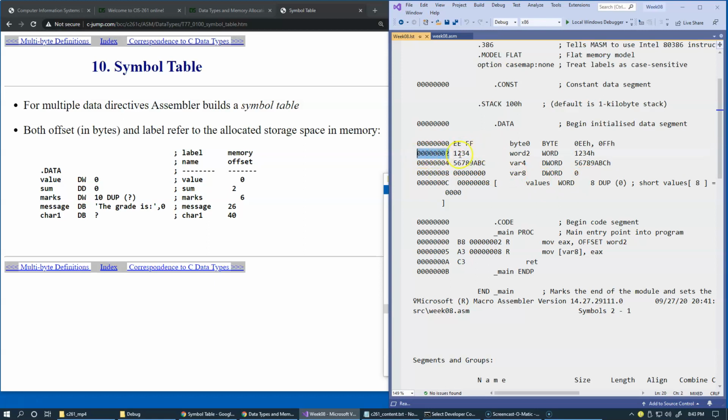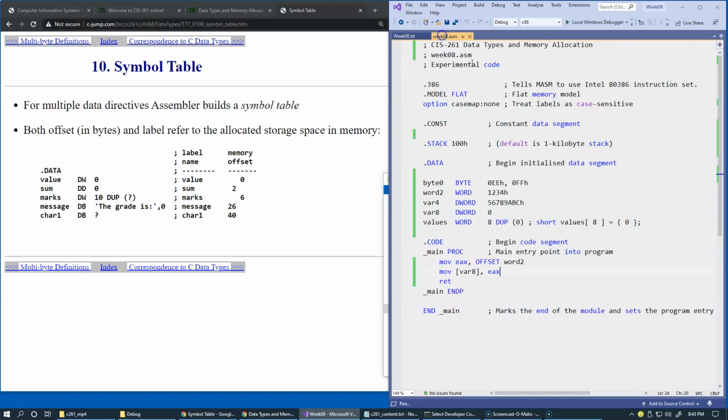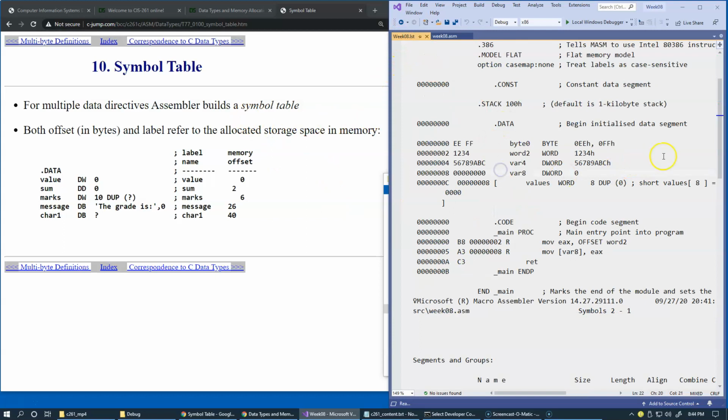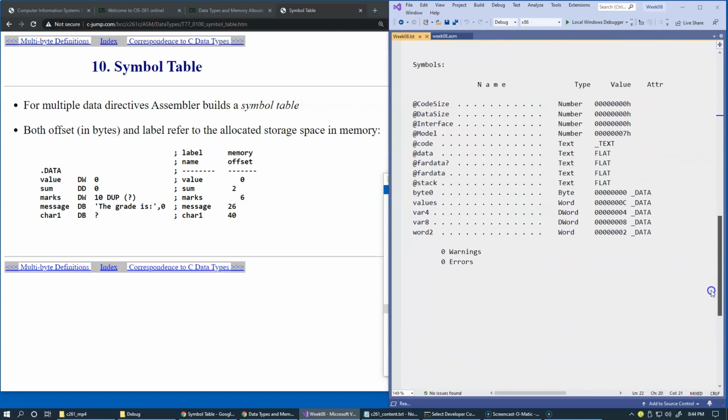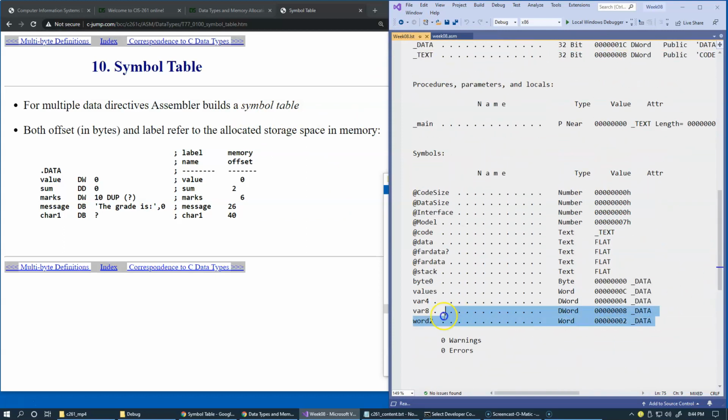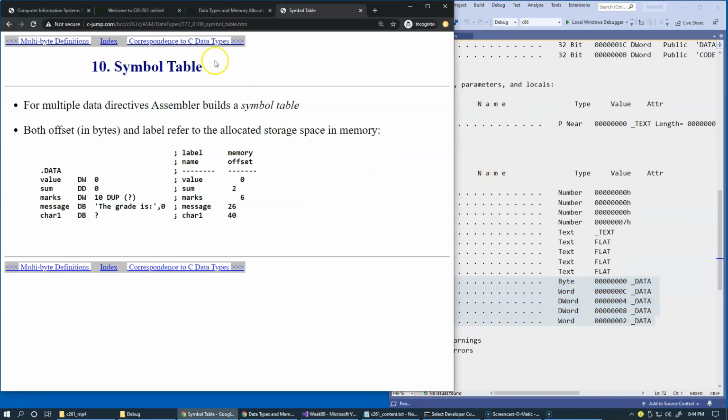So this is the offset into the data segment, because it's being allocated just like this. Okay, so this is the idea of the symbol table, and again the listing file can be helpful for a quick overview of the locations of our variables and other types of identifiers that we're using in our program.